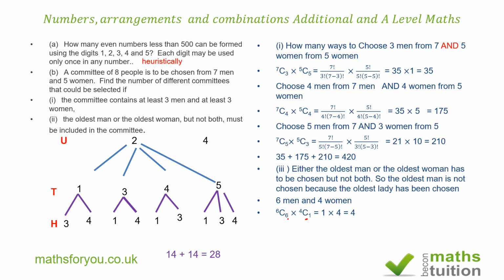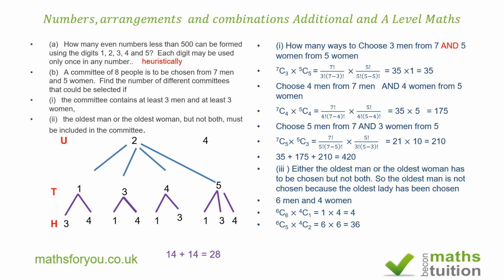And then we can add either the oldest man or the oldest woman there. Moving on, we can also choose 5 men from 6 men and 2 women from 4 women. So we've got 5 plus 2 giving us 7, and the number of ways we can do that is 36.